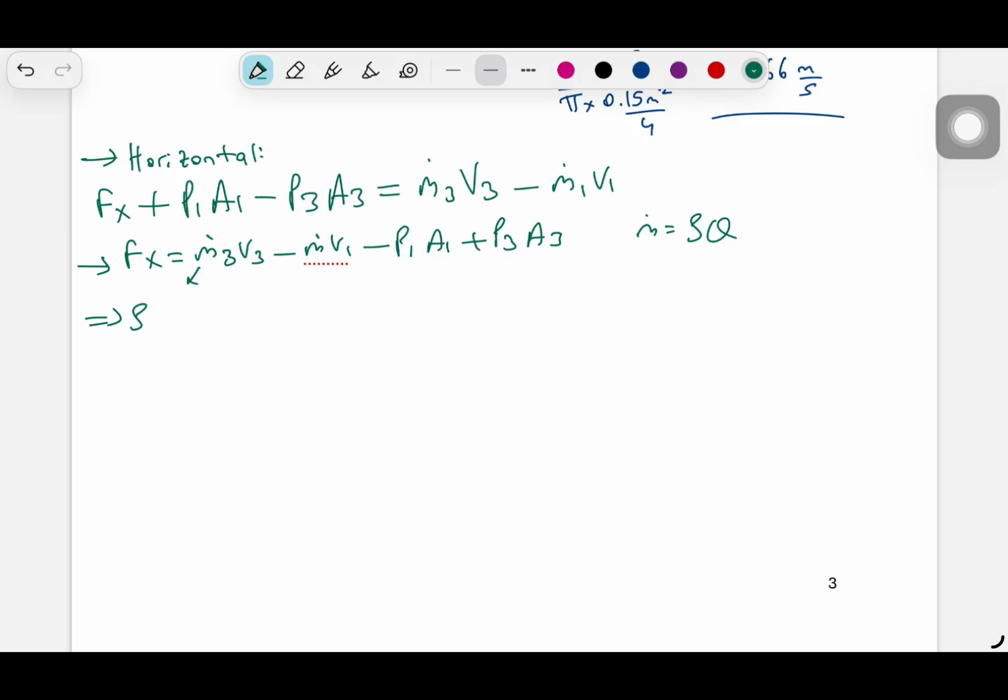So let's get started with this one. We will have rho Q V3. Actually, let me directly write numbers. We have 1000 kilogram per cubic meter times Q, which was 0.1, times the velocity of 3.